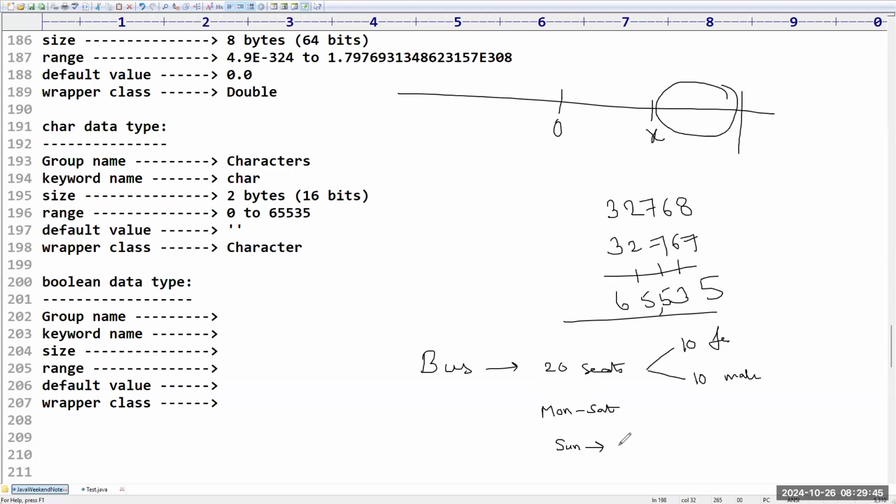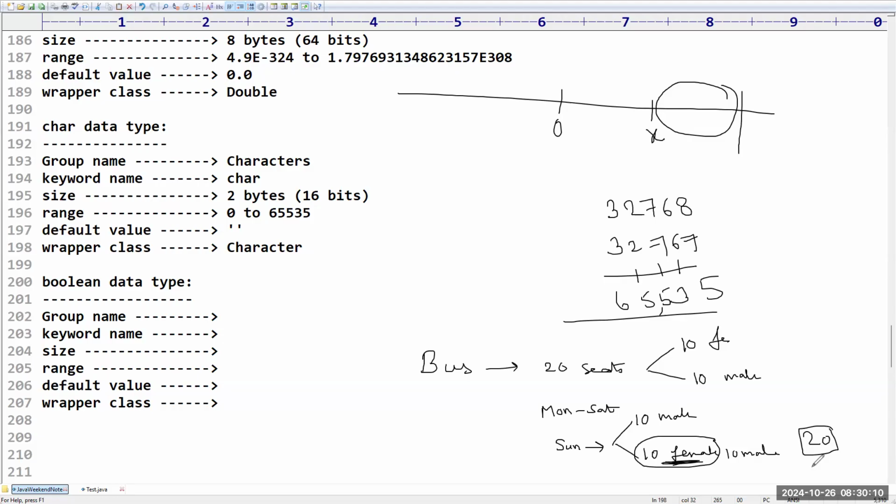What about this bus? The bus capacity is 20 seats. 10 seats for male are occupied. The remaining 10 seats are empty because female candidates are not there. In such a case, can I accommodate the remaining 10 male persons here? Because we came to know that there are no females. Understood, sir? So that we can utilize all the 20 seats.